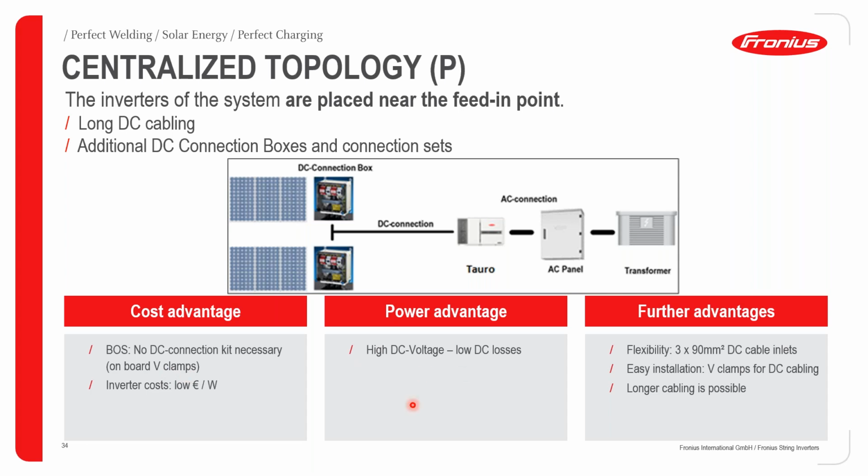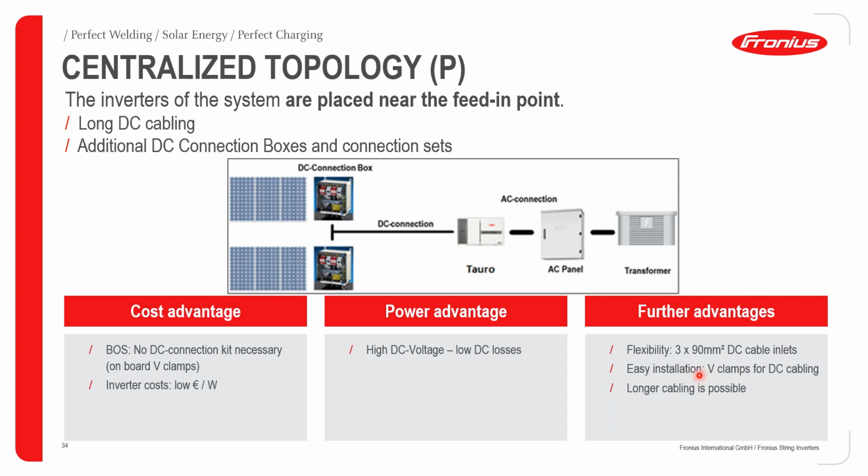In terms of power advantage, you tend to have low DC losses. This is because of the cross-sectional area of the DC cables you can use. The larger the cross-sectional area, the lower the electrical losses you will incur, since it is inversely proportional.